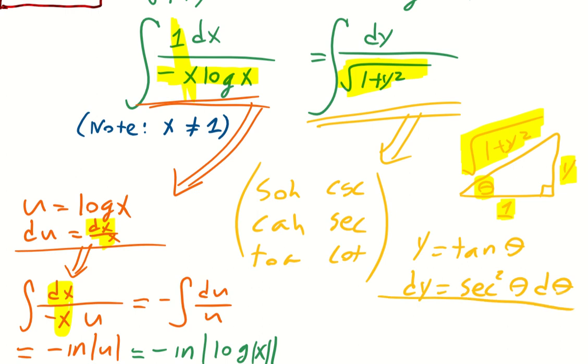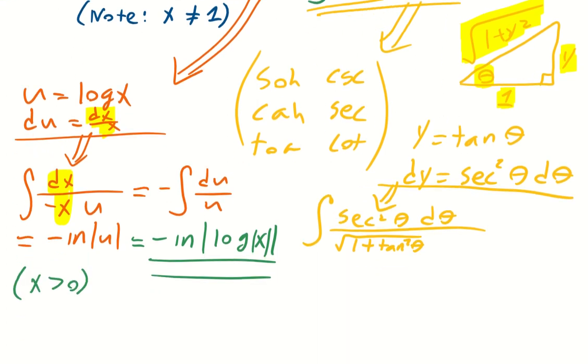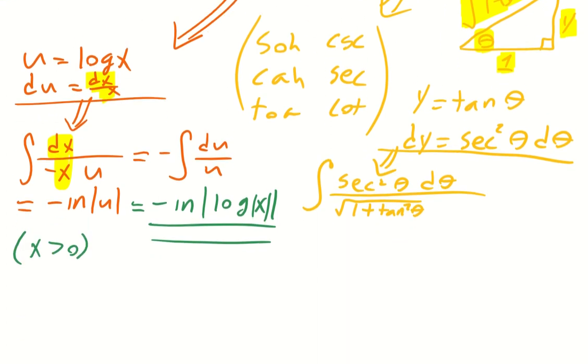And now let's use this information to rewrite our integral. We have dy, which is the secant squared of theta d theta, over the square root of 1 plus y squared, which is 1 plus the tangent squared of theta. But we can further simplify this. Let's think about this 1 plus the tangent squared of theta.